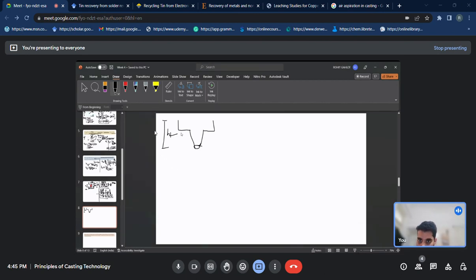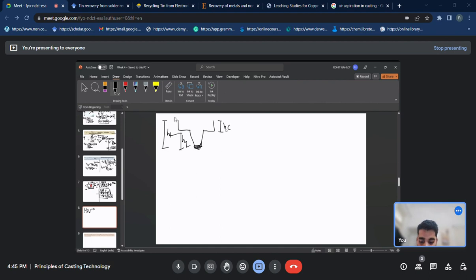This is the total height, and then this will be the H2, and this is HC, and some kind of parabolic section is generally provided here.